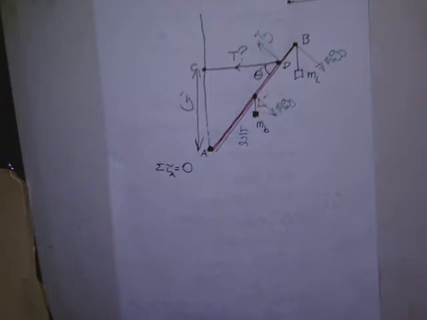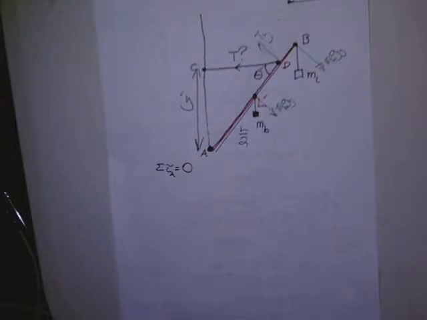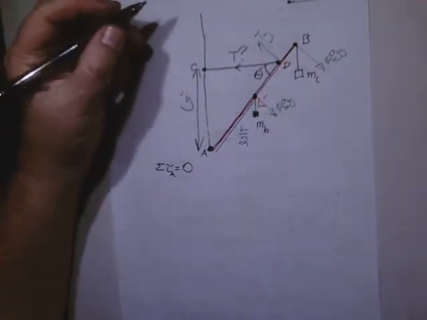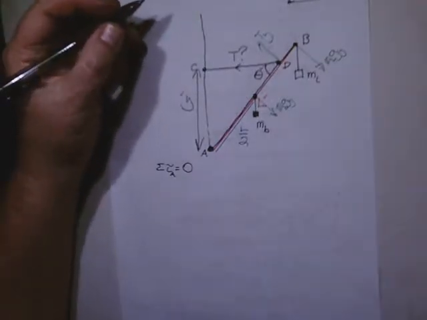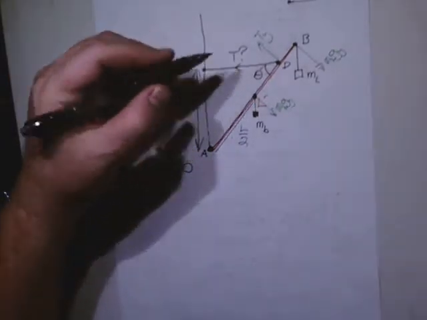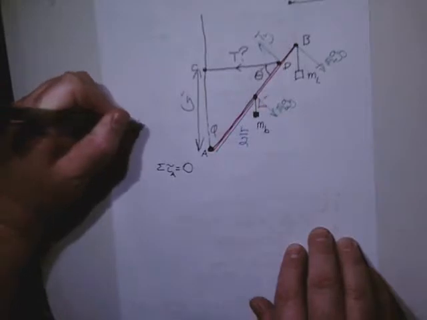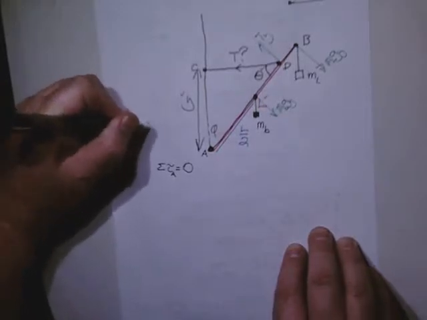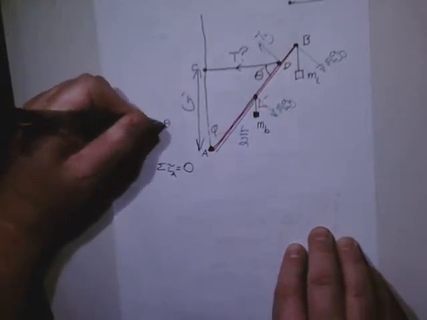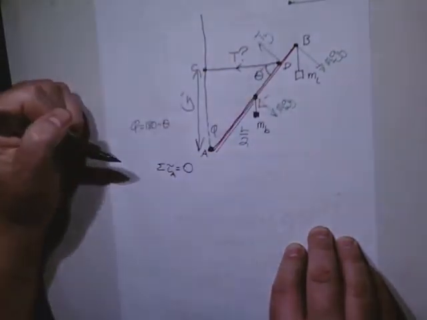The next thing that I need to do is a little bit of geometry play. Let's say I do this. If that's theta, that's phi, and phi is equal to 180 minus theta, because that's a right triangle.